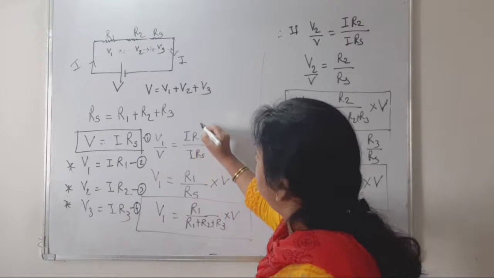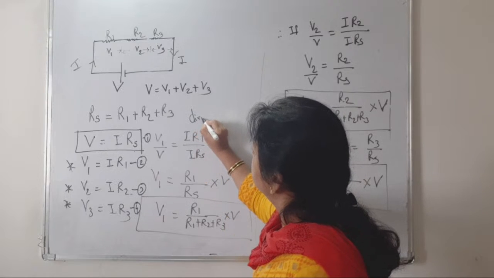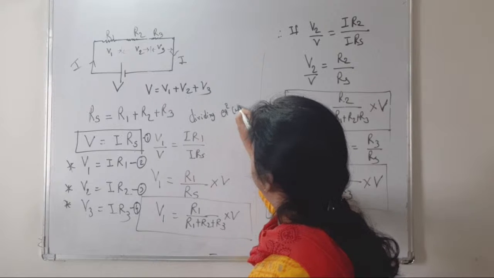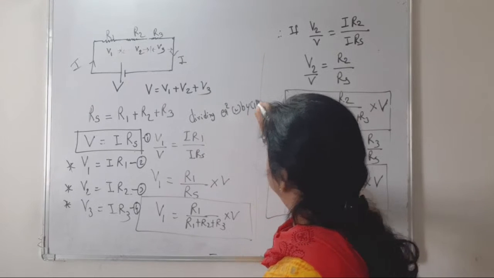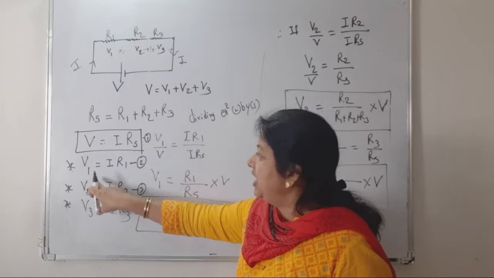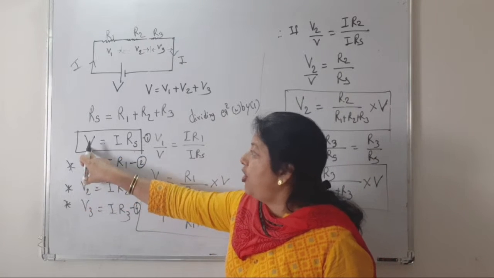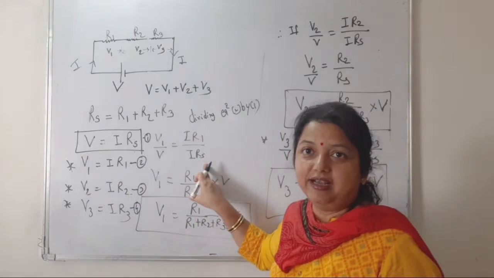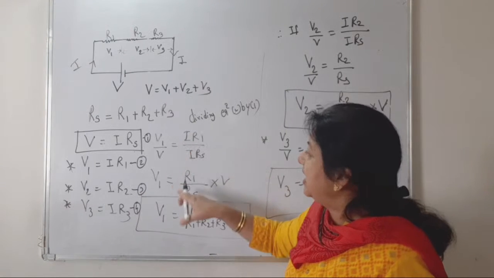So what you write here, dividing equation 2 by 1. We can do that, right? Dividing equation 2 by 1. So what is your LHS? V1 upon V is equal to IR1 upon IRS. So here I cancels.